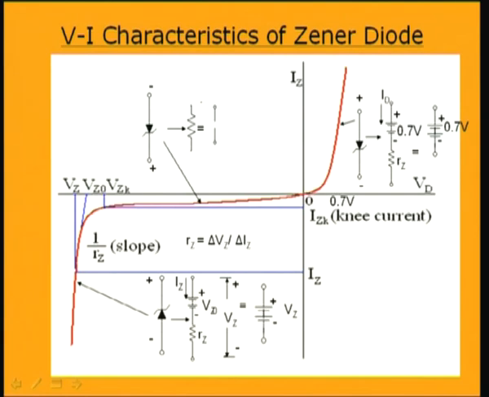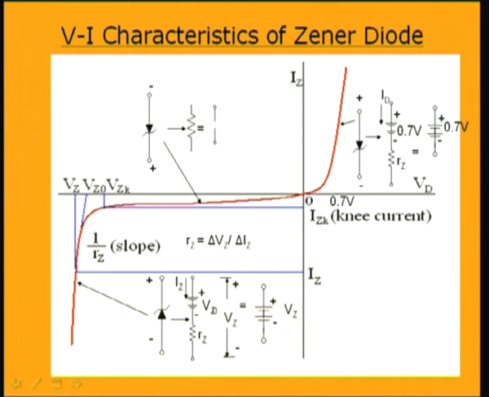So, as the current is almost 0, if we ignore this minority current, which is very small, we can approximate it as an open circuit, that is, current is almost 0 in this region as compared to the current which flows after breakdown.